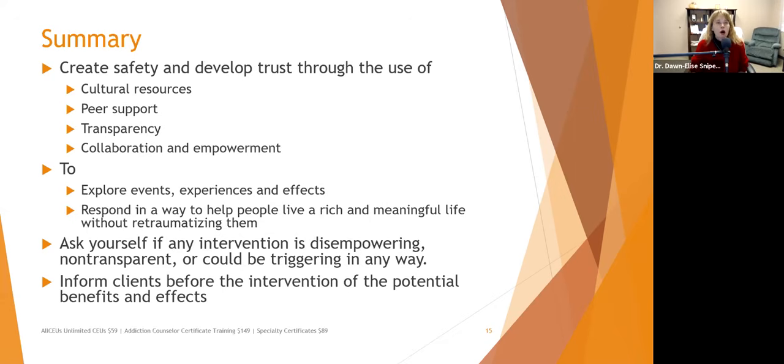So let clients know, I'm going to ask you to close your eyes because it will help you visualize what was going on, or I'm going to ask you to take 3 deep breaths because it will help you slow down your heart rate and breathing so you can trigger that rest and digest action in your brain. If clients understand, they're a whole lot more likely to go along with it, but they feel empowered because they're able to say, okay, I understand, and I'm making a conscious choice to do this. It's not being done to me.